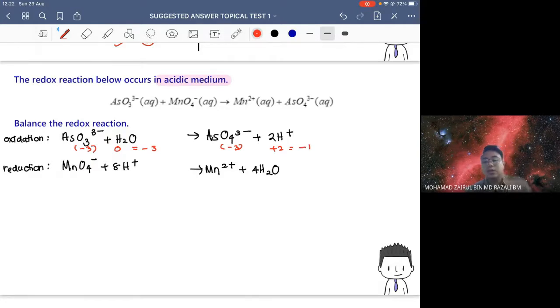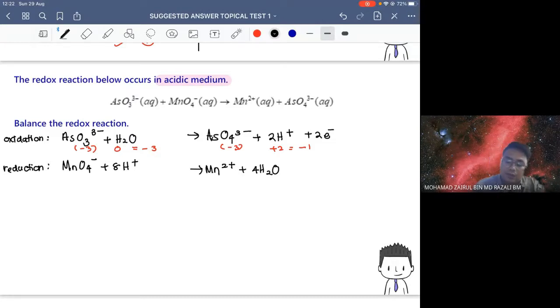Okay, so kita kena tambah elektron dekat the more positive side. So kalau awak tengok, negative 3 is more negative compared to negative 1. So kita akan tambah elektron dekat produk. So nak negative 1 nak tukar kepada negative 3, maknanya kita kena tambah 2 elektron. Okay, kita kena tambah 2 elektron baru dia balance.